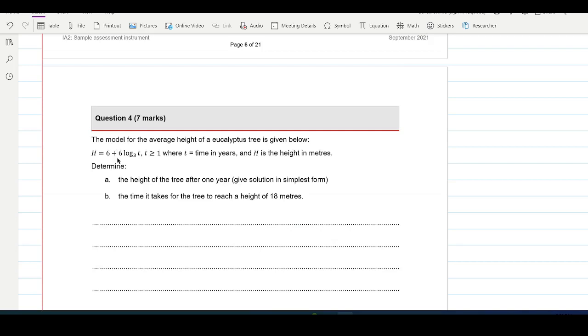Question 4. The model for the average height of a eucalyptus tree is given below. Determine the height of the tree after 1 year. So for A, we want to find at t equals 1, what does h equal? So let's sub that in.